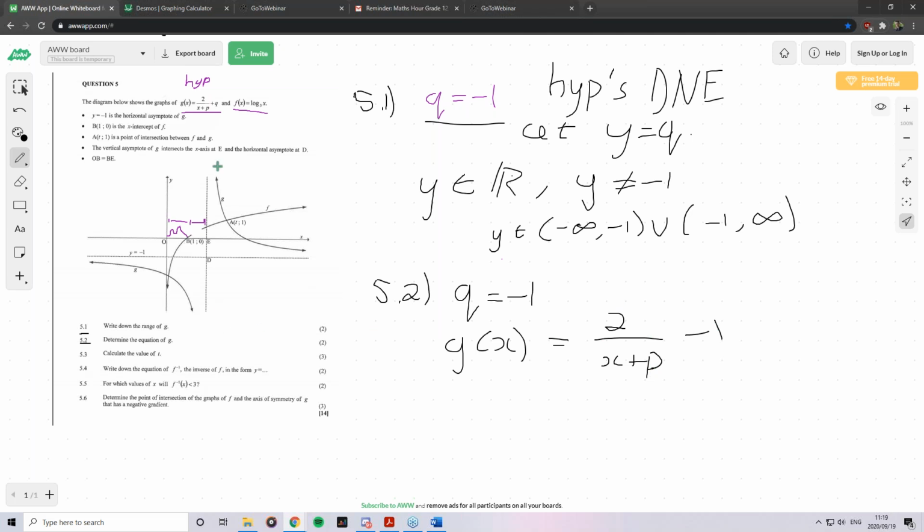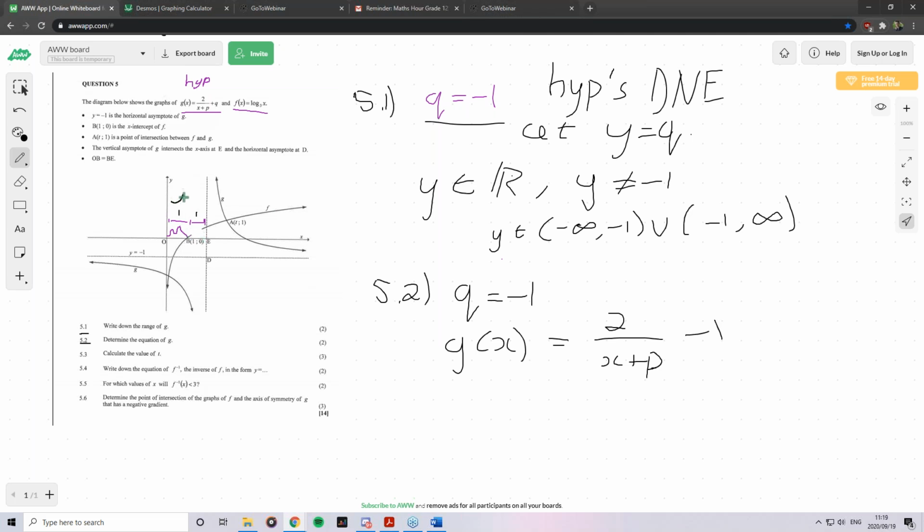Now, what else do we need for a hyperbola? We have the horizontal asymptote. We need the vertical asymptote. They tell us here that OB is equal to BE and that this line x is equal to E is our vertical asymptote. So if this point is 1, this distance is 1, and that means that this distance is 1 because OB is equal to BE.